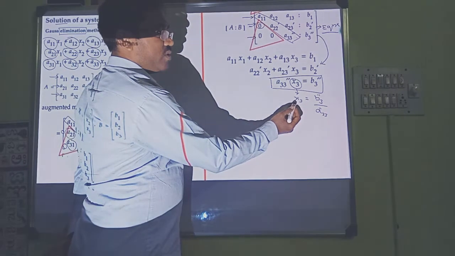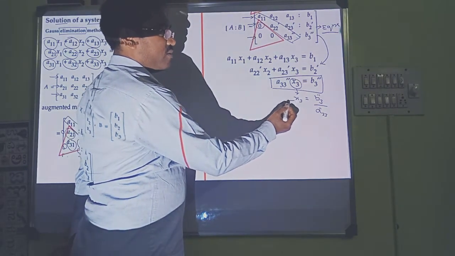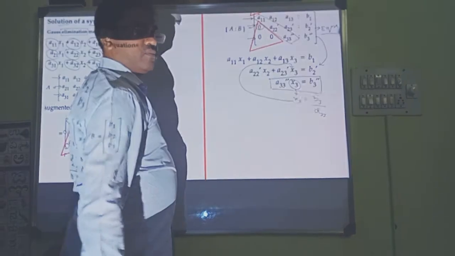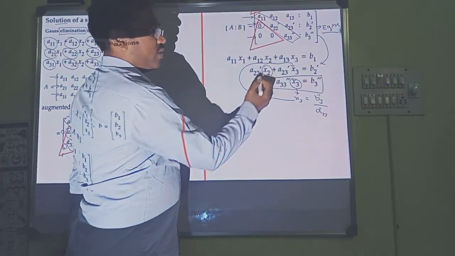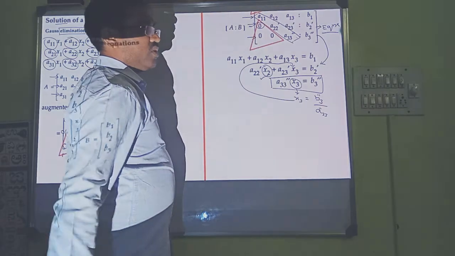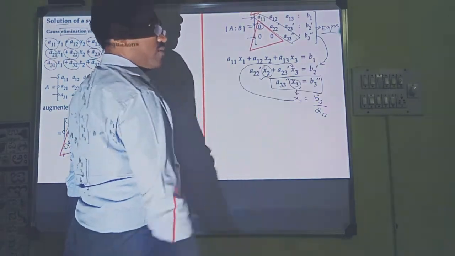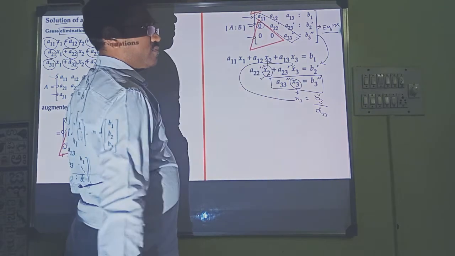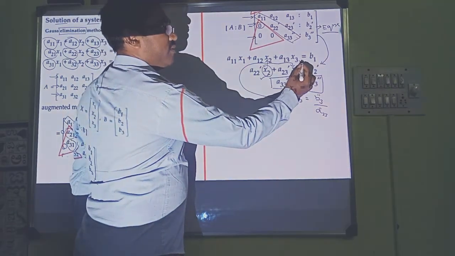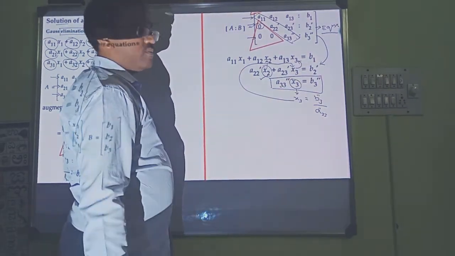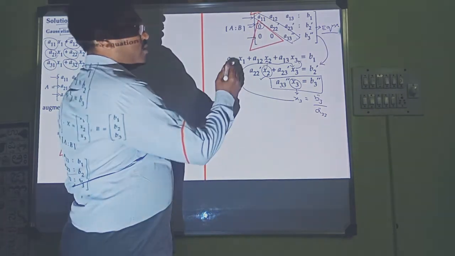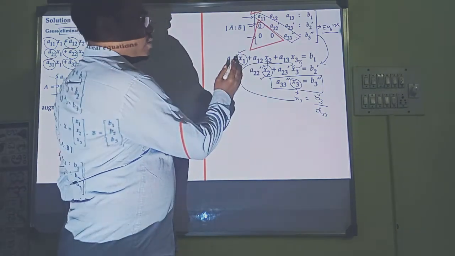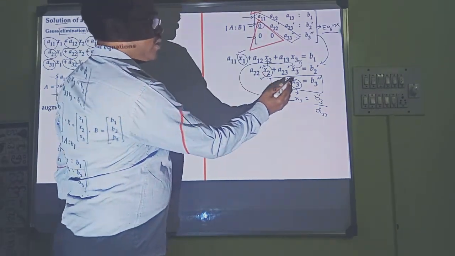Then we substitute this value of x3 in this place. You will get to know what x2 is if you simplify this. Then we substitute the value of x2 and the value of x3 here. You will get to know the value of x1. So finally you will get x1, x2 and x3.